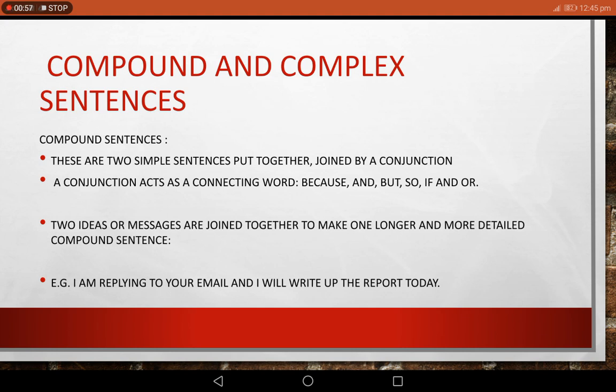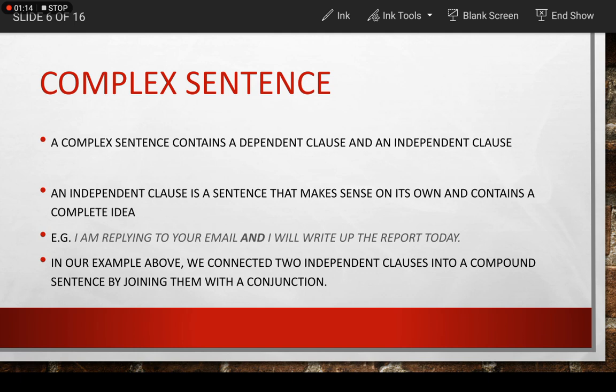These both sentences are joined with a conjunction and it has transformed into one long detailed sentence, and this sentence is called a compound sentence. Next, we'll try to understand what a complex sentence is.